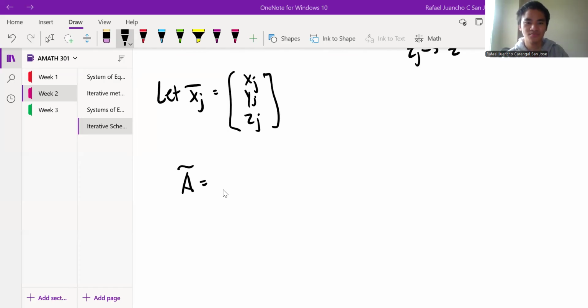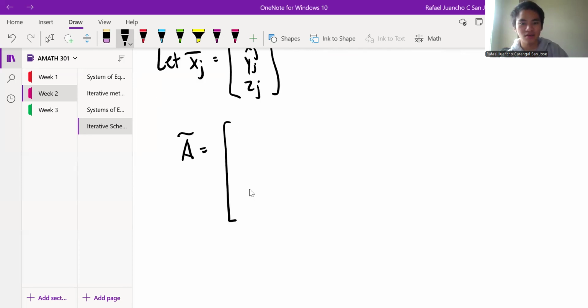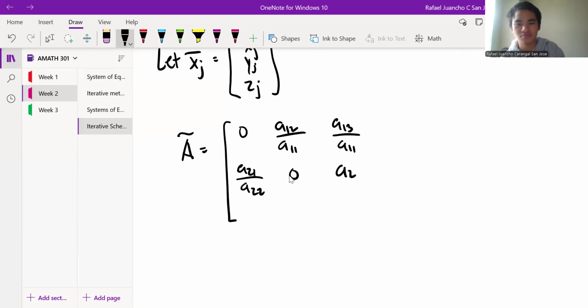Here, what do we do? We have a matrix. And this matrix has, okay, we have 0, a12 over a11, a13 over a11, a21 over a22, 0, a23 over a22.